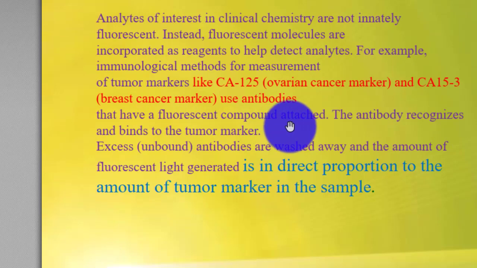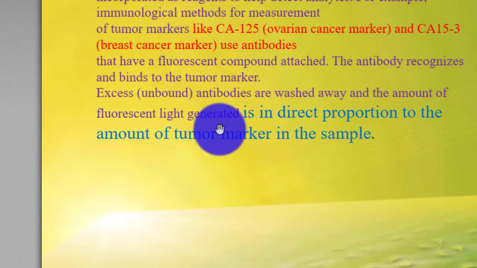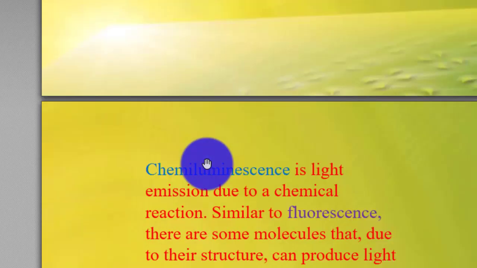The antibody recognizes and binds to the tumor marker. Excess unbound antibodies are washed away and the amount of fluorescent light generated is in direct proportion to the amount of tumor marker in the sample.